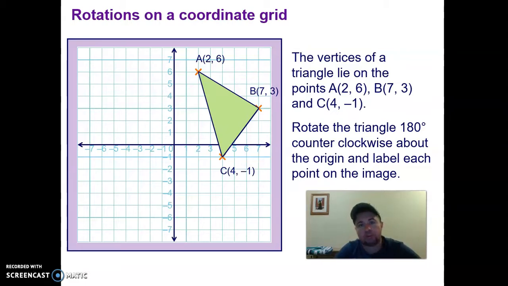Where is the origin on the graph? What are the points for the origin on the graph? If you said the origin of the graph is in the center, and you said those points are 0, 0, you're right.